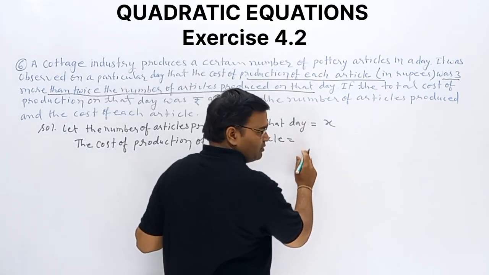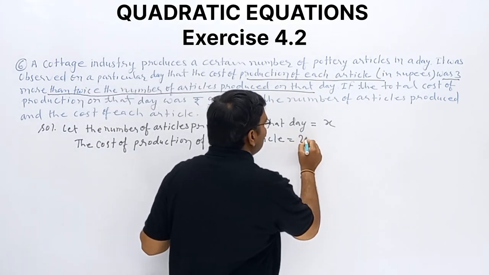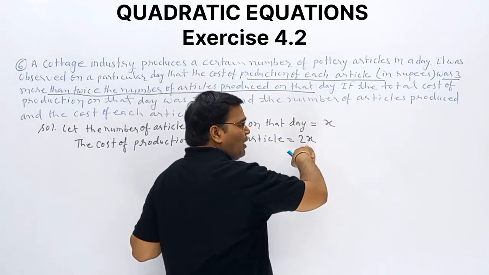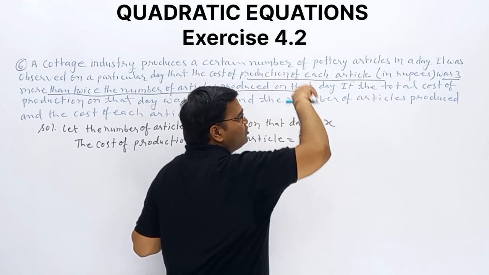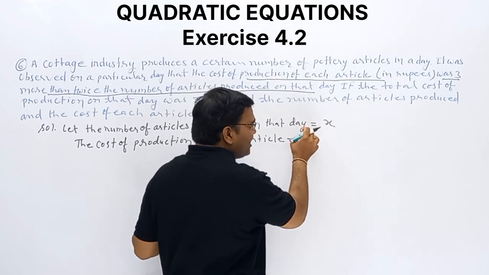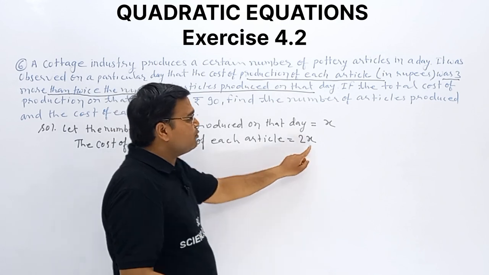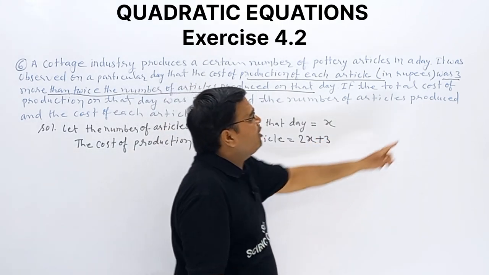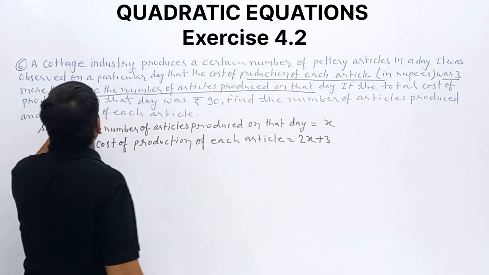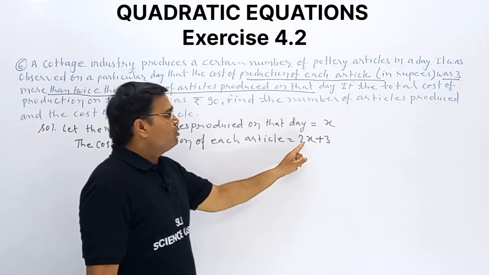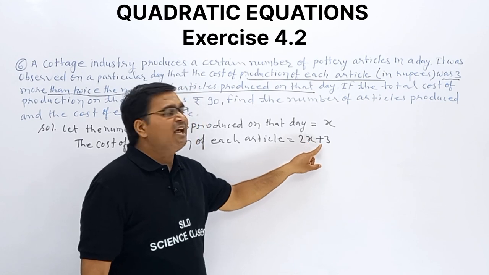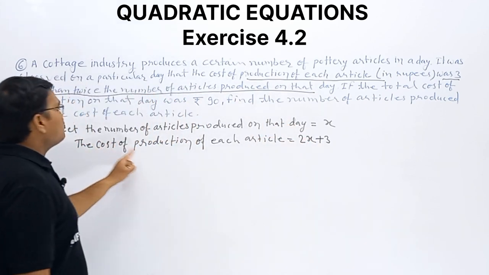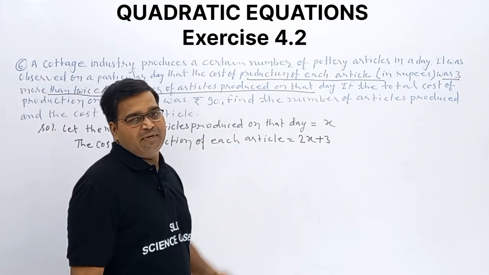Twice of the number is 2x, and 3 more than that, so we will add 3. So the cost of production of each article is 2x plus 3.